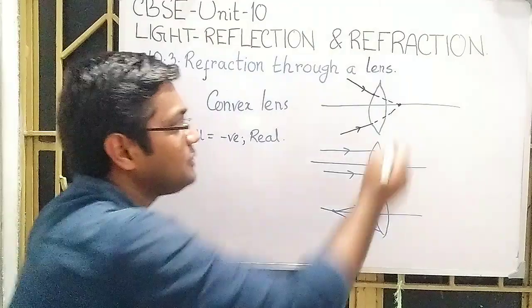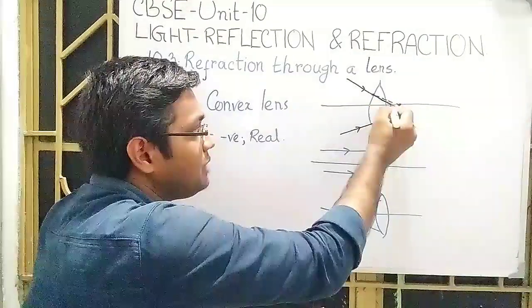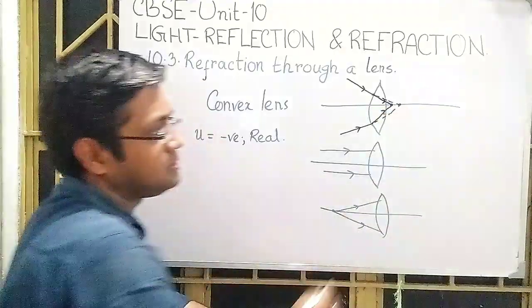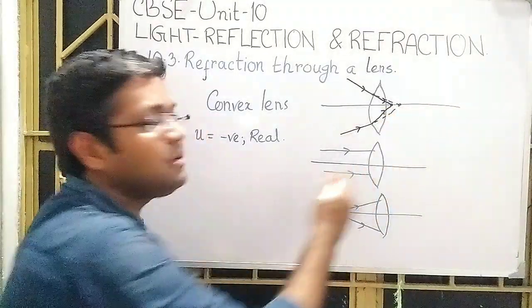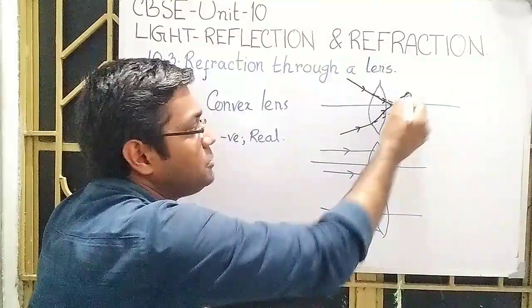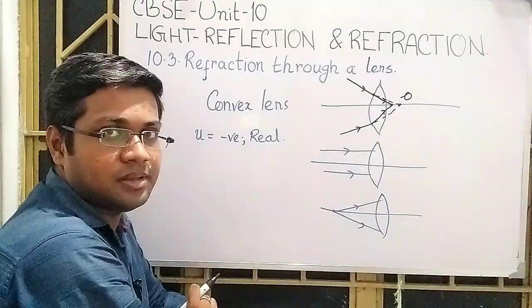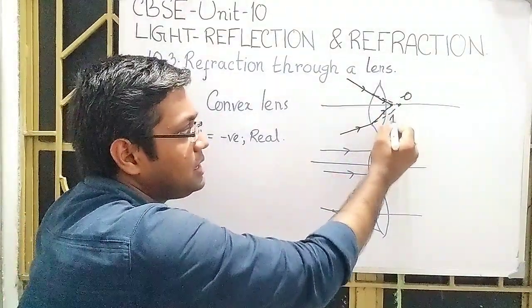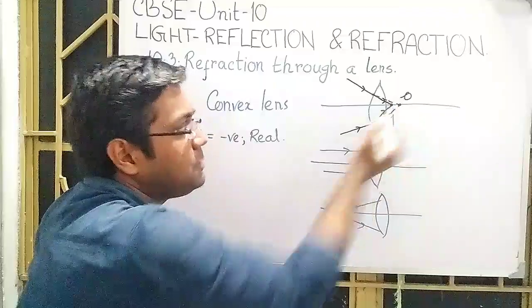But since it is a converging lens, they will meet before that. So this point where they appear to meet in the absence of the lens is called the object, and the image of that object is formed at this point. This is the image of that particular object.